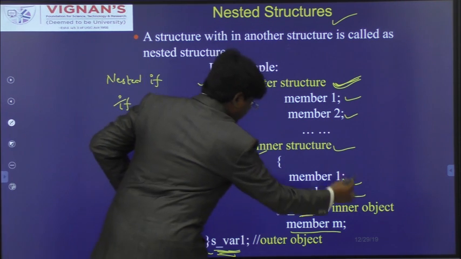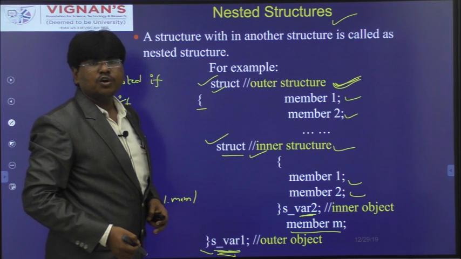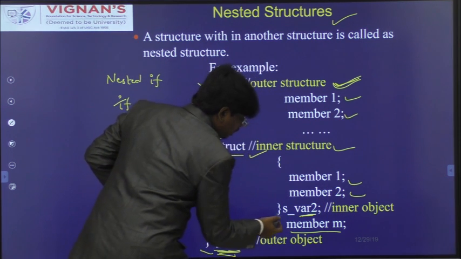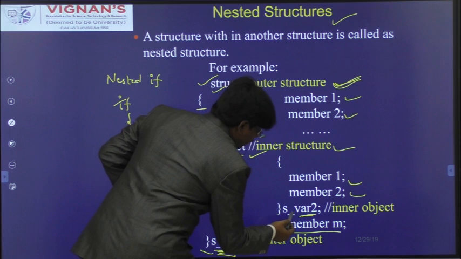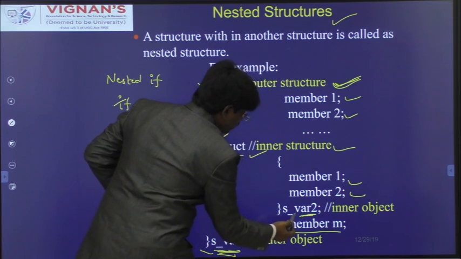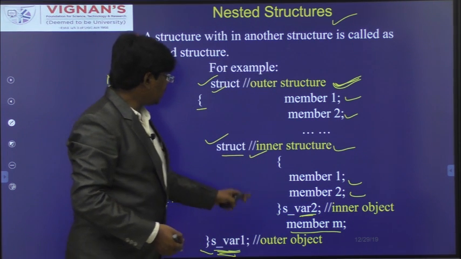But if you want to access the members of the inner structure, generally what do we think? What is the variable associated with it? s_variable2.member1, s_variable2.member2, generally we think, but it is located in the inner structure.